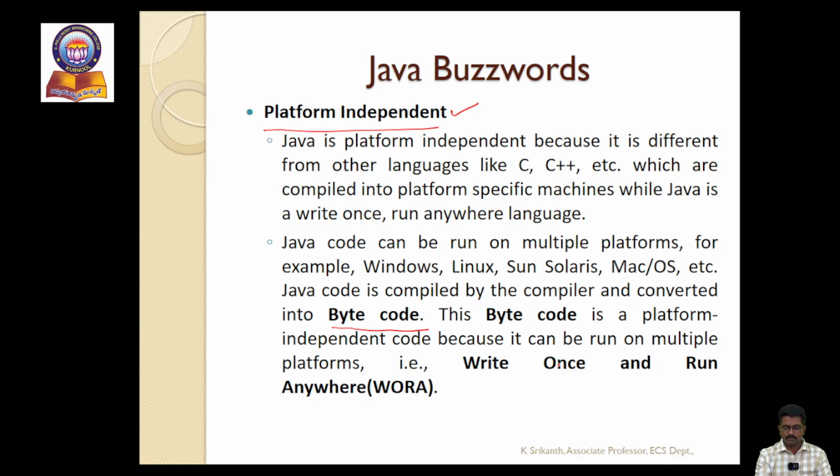Because of this bytecode, the language is platform independent, where it can be run on multiple platforms. The concept is WORA, W-O-R-A, which is write once and run anywhere. So we write the code once and we compile it, and the bytecode can be run on any machine, anywhere.